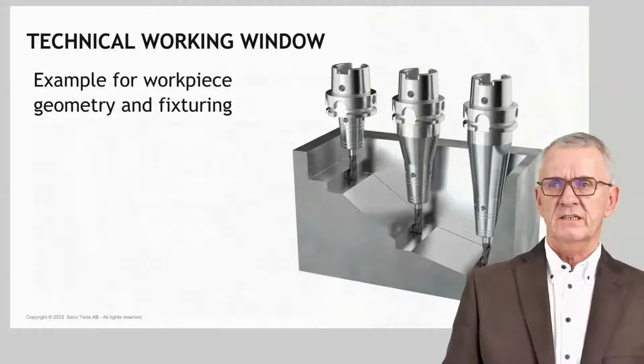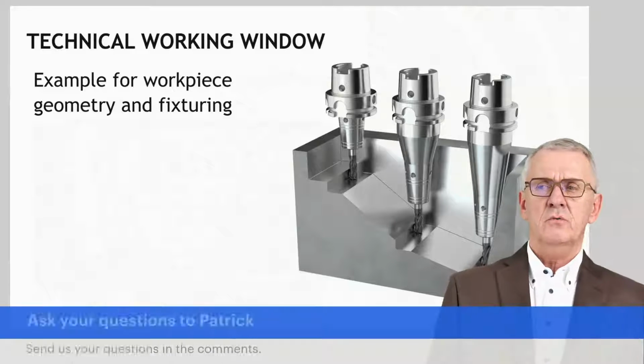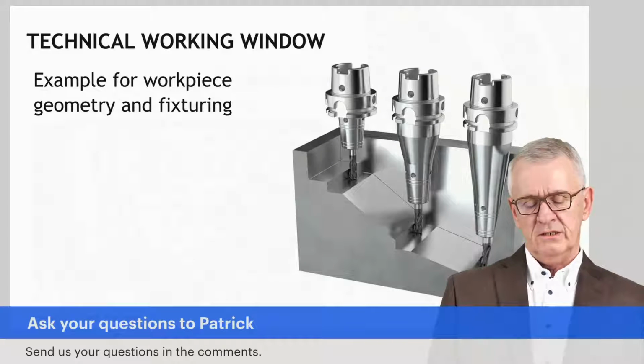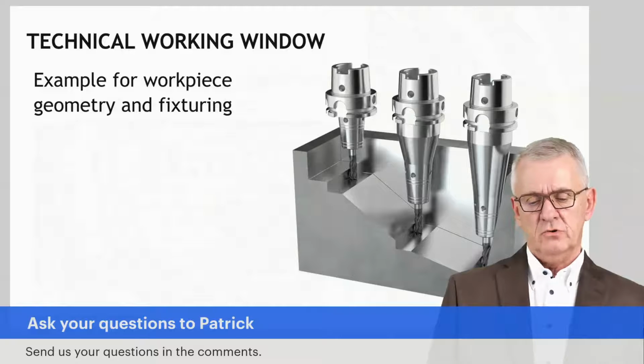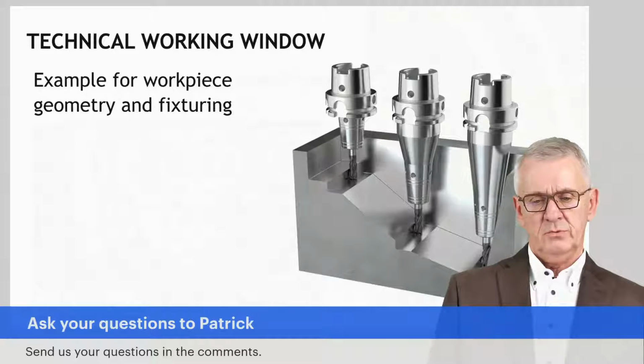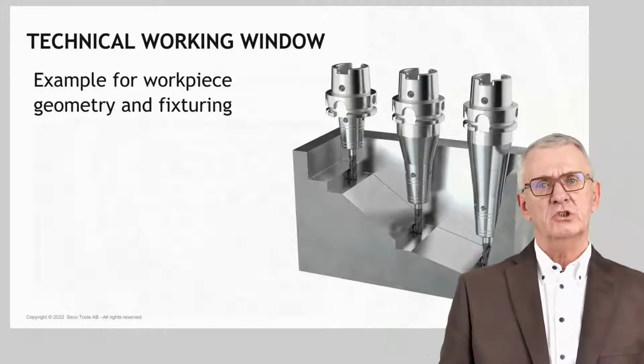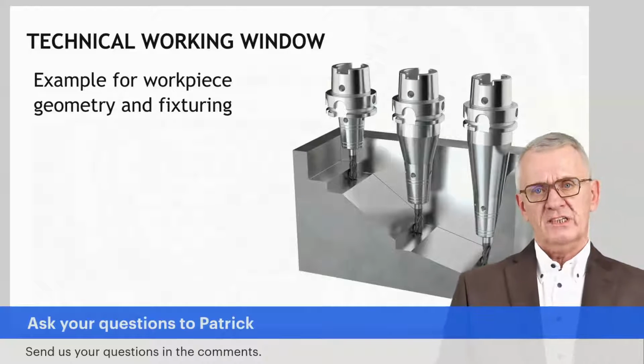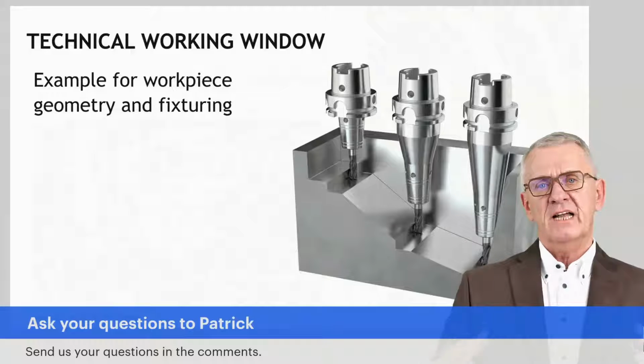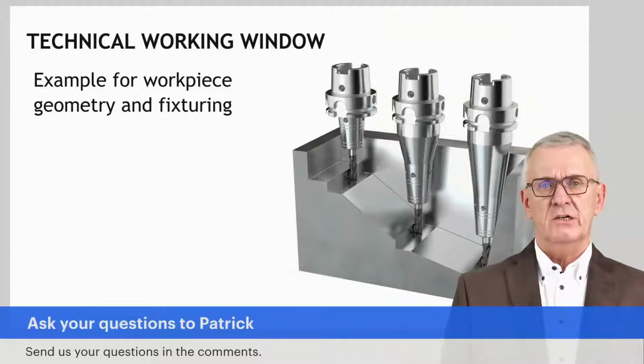And a third example I can give you is when you look at a workpiece. In milling there is a rule of thumb that says you should always use the best milling cutter possible. And best is defined, when we talk about dimensions, as a short milling cutter, clamped short in the spindle, and with a big diameter. That's the ideal milling cutter.